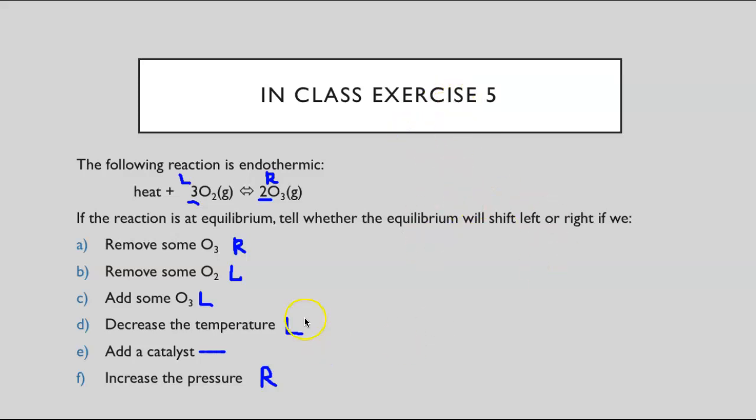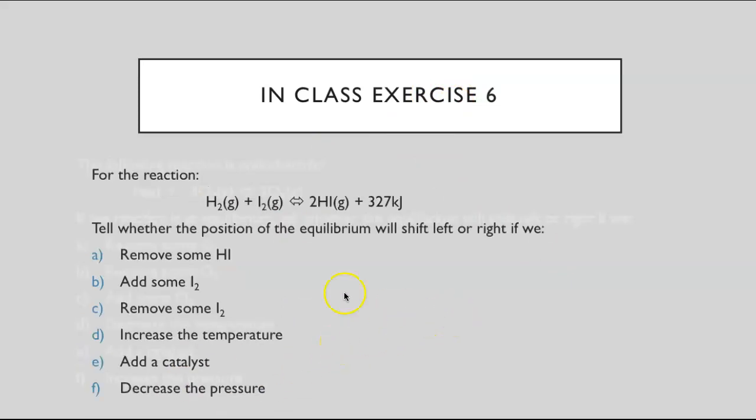All right, so let's go through and look at the last in-class exercise. And this is in-class exercise number 6. Okay, so in this equation, heat is already written as a product, right? It says that it gives off 327 kilojoules of heat.